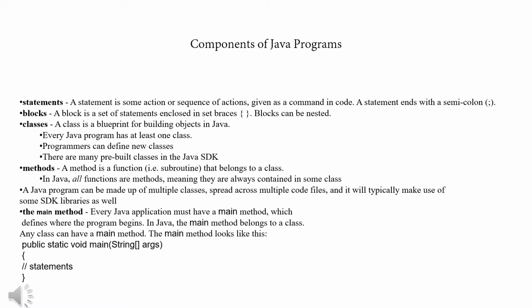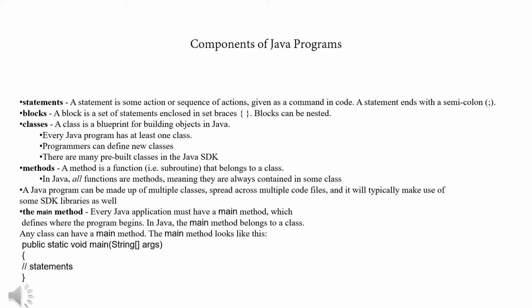That's exactly what we have in Java and it is called a method. Methods will be defined inside the classes. That's the other point that you need to keep in mind.